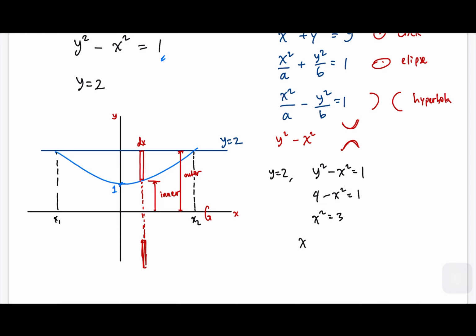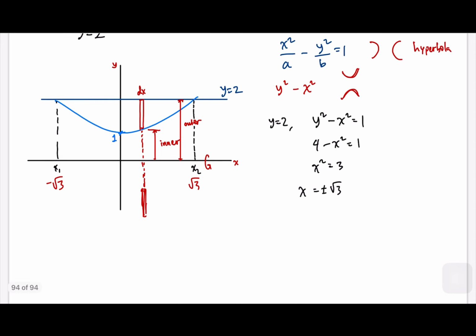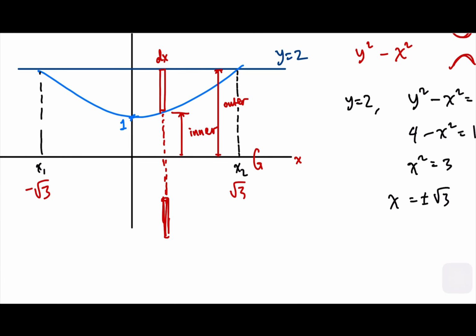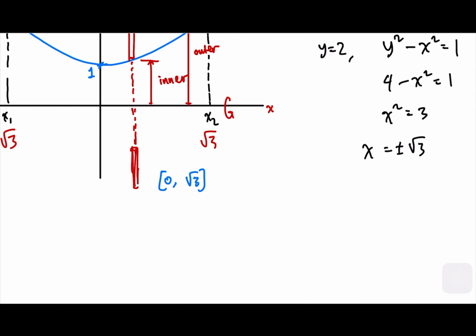So x is plus or minus square root of 3. So this will be square root of 3, this will be negative square root of 3. That's our evaluation point. Since it's symmetrical, we can just focus on from 0 to square root of 3.